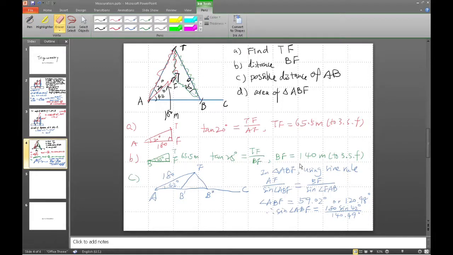We found in part B. Let me beautify my answer a bit. It's still not good enough. Okay, let me do it again. So after punching the calculator, you should get 59.02 degrees or 120.98 degrees for angle ABF.